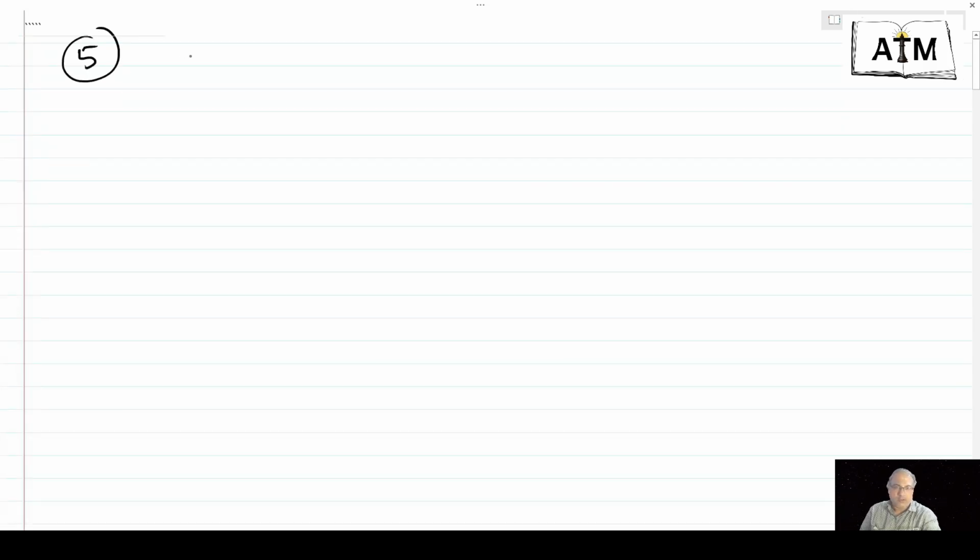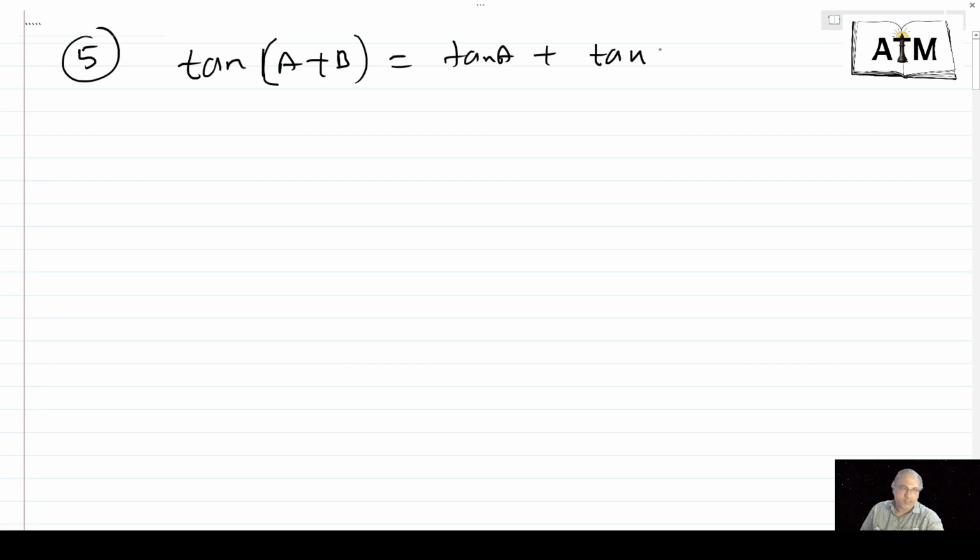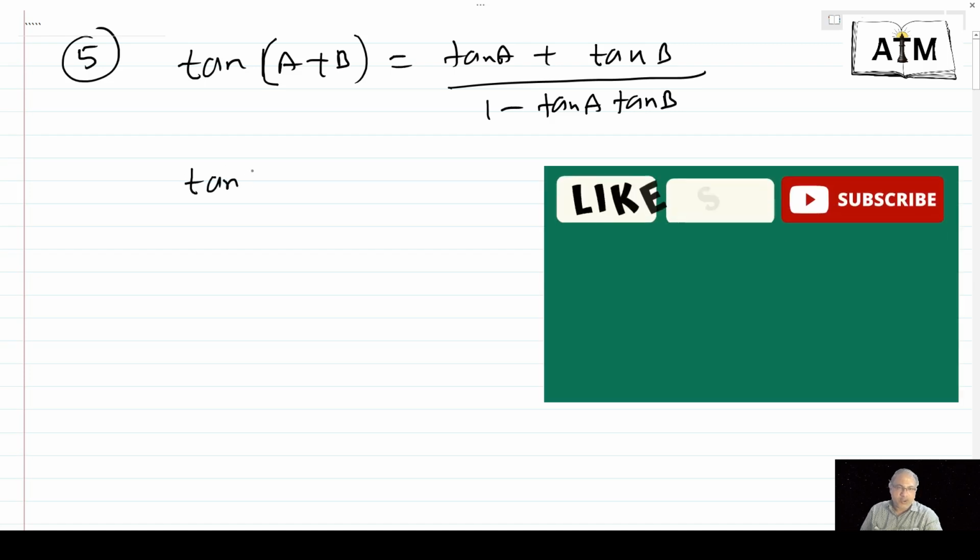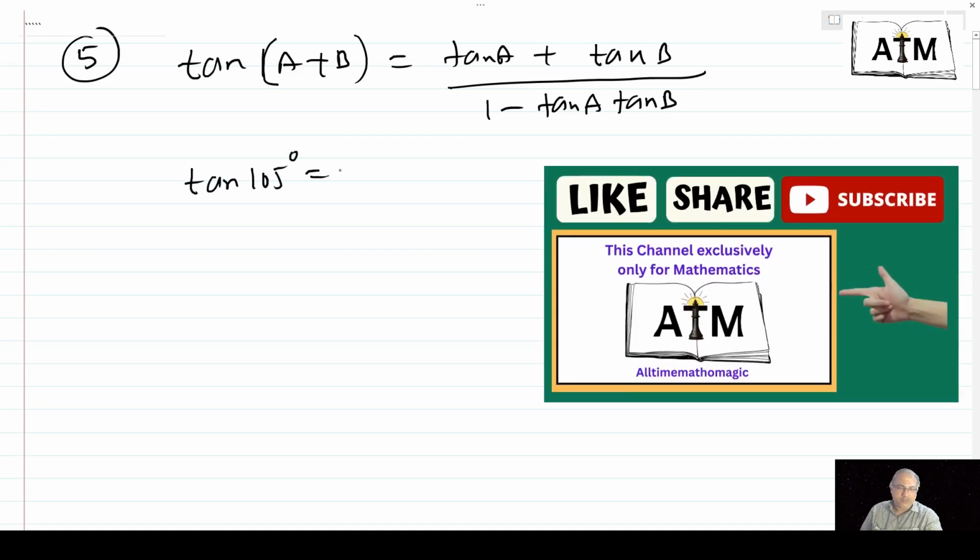Now the fifth one, tan of A plus B. Tan of A plus B equals tan A plus tan B upon 1 minus tan A tan B. Suppose you want to find tan 105 degrees.